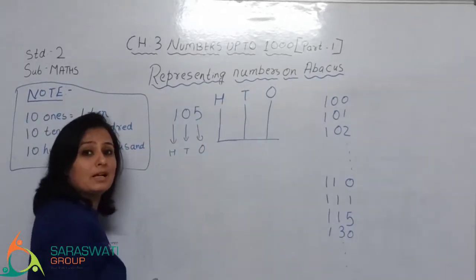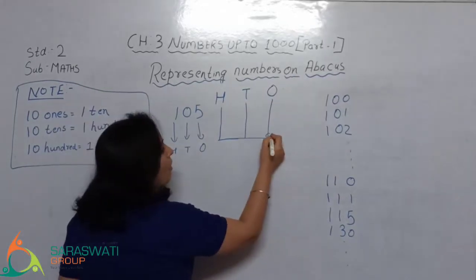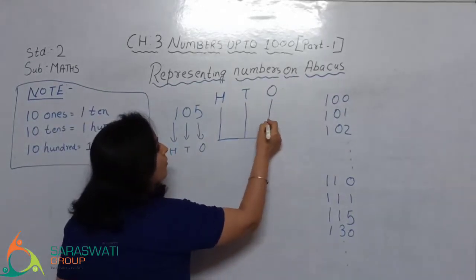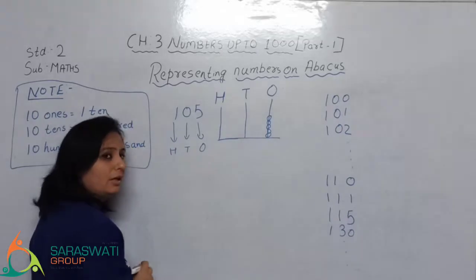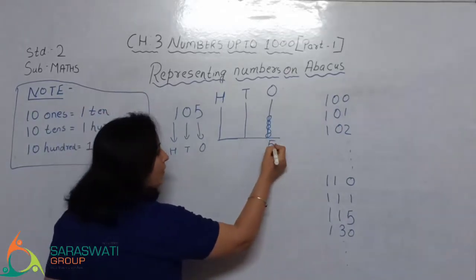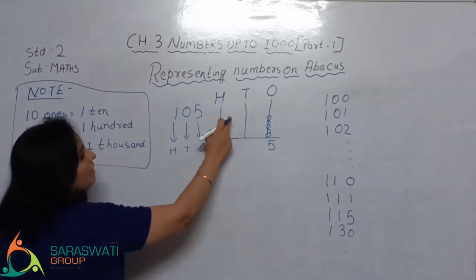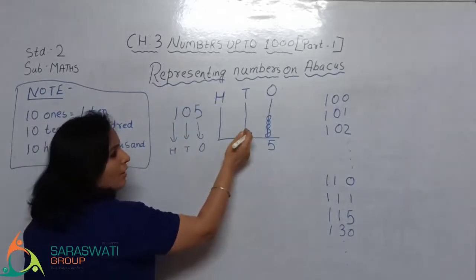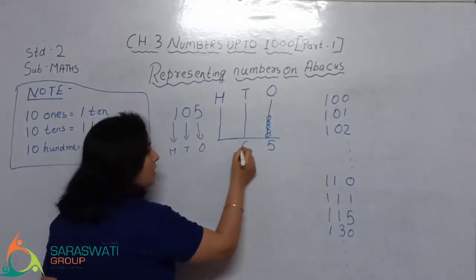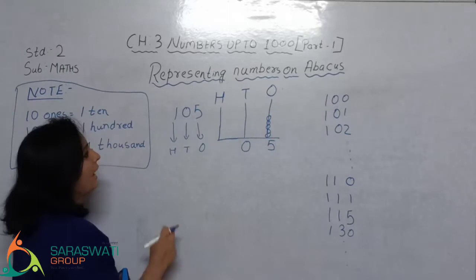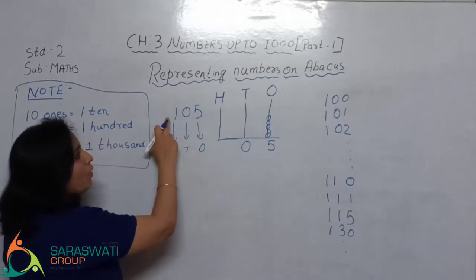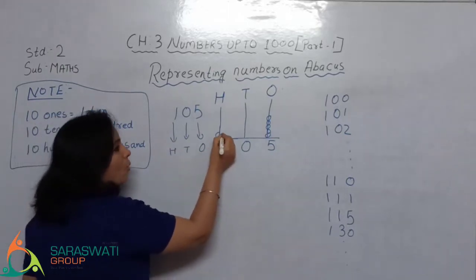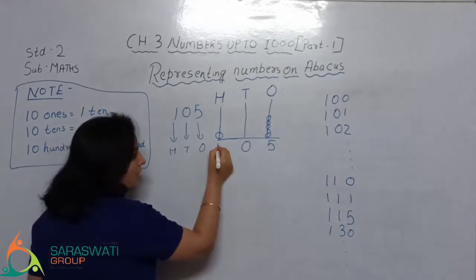Now at ones place there is 5. So how many beads I will draw? 5. 1, 2, 3, 4, and 5. Right? So I will write here 5. Now at tens place there is 0. So I will not draw anything because it is a 0. And at hundreds place it is 1. So I will draw 1 bead and I will write 1.